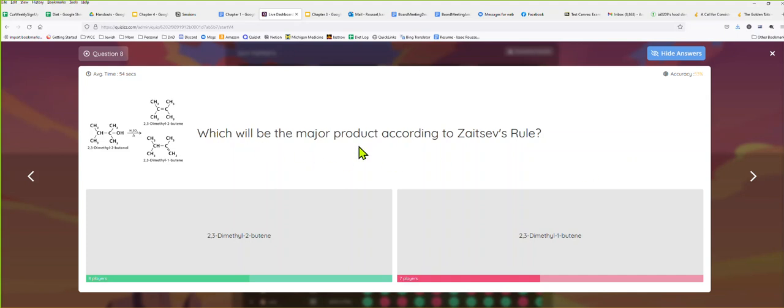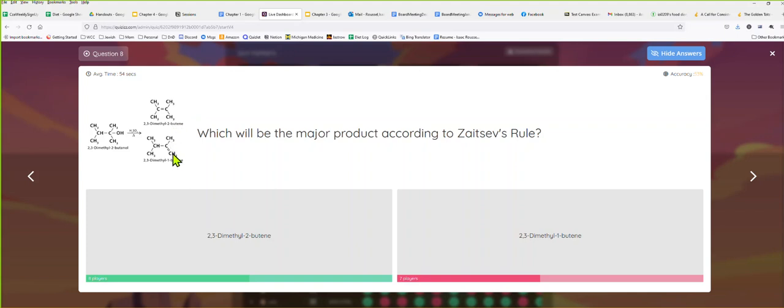By the major product according to Zaitsev's rule, you guys are about 50-50 on this one. Again, Zaitsev says that it will be the one with the greater alkyl groups.